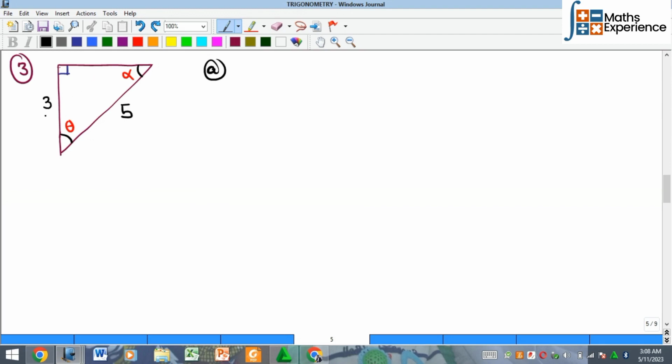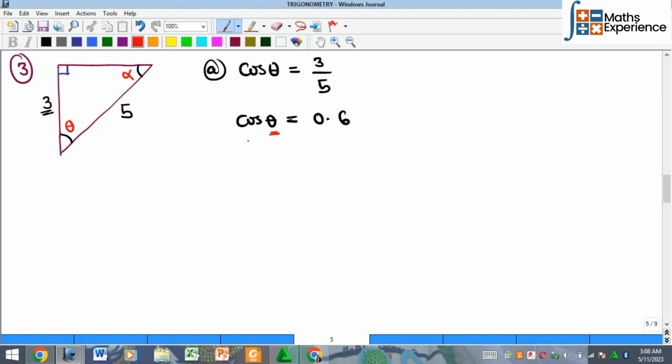But you're given 3 and 5, and with respect to theta, this 3 here is the adjacent, your 5 is the longest side facing the angle 90, which is the hypotenuse. So I can make use of cos in that case. That means the cos of that theta there is going to be the adjacent, which is 3 all over the hypotenuse, which is 5. And so that's going to give me that cos theta is equal to 3 all over 5, which is 0.6.